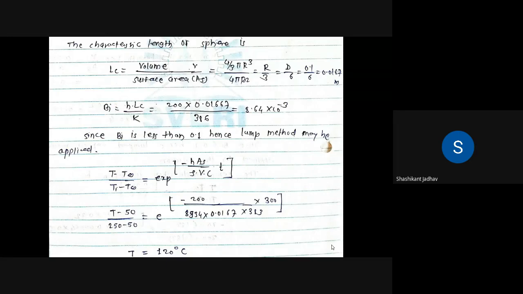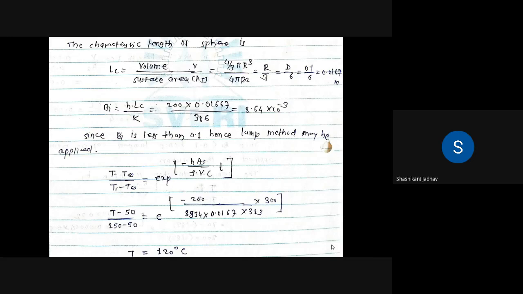So this is the sphere. What is the standard formula for the sphere? That is r by 3. So r by 3 is nothing but d by 6. So by putting the value of diameter, we get the value of characteristic length of the sphere. Okay, we have to check the value of the Biot number. If the Biot number is less than 0.1, then we have to use the lumped parameter analysis.